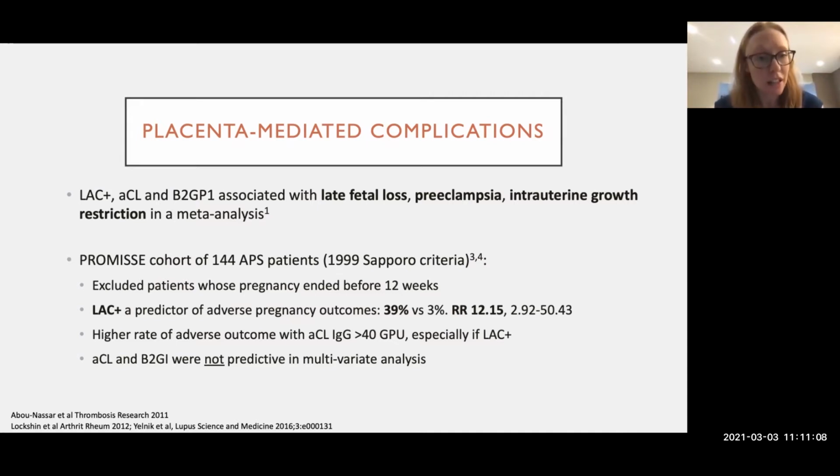They found that the lupus anticoagulant was the strongest predictor of adverse pregnancy outcomes, and that anticardiolipin and beta-2 glycoprotein were not predictive in a multivariate analysis. It was really the lupus anticoagulant and then sometimes high anticardiolipin. So it's really varied depending on the study and which antibodies or blood tests we're doing.